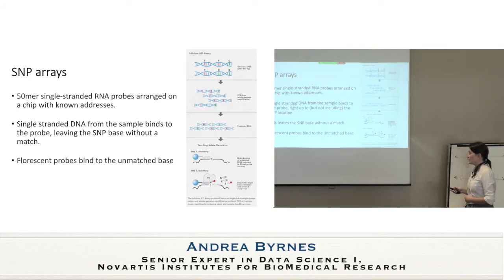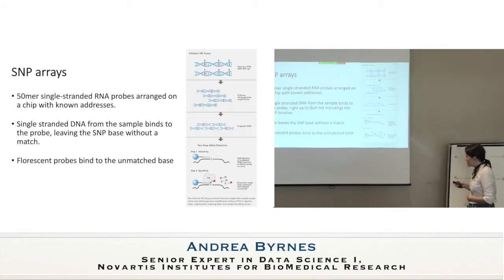So we start with 50-mer single-stranded RNA probes arranged on a chip. They're just sort of sticking off the chip, and they're single-stranded, so that they're going to want to pair up with something. Some technologies also use DNA. So the single-stranded DNA from the sample binds to the probe, right up to, but not including, the SNP location.